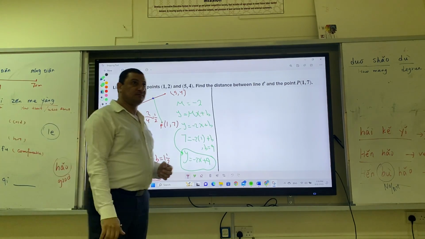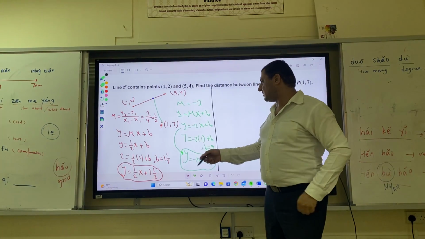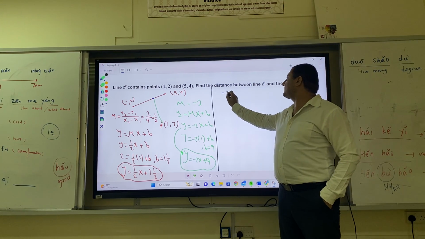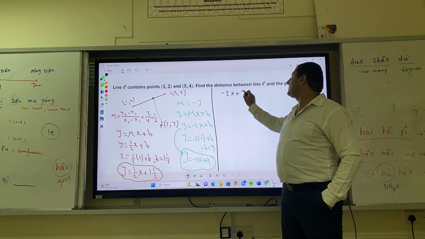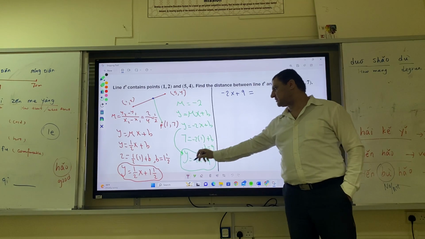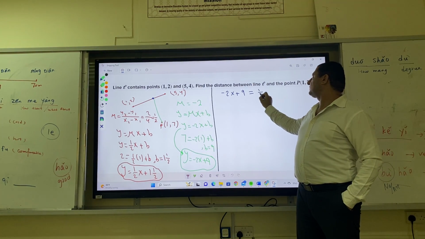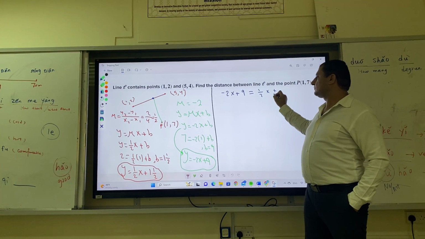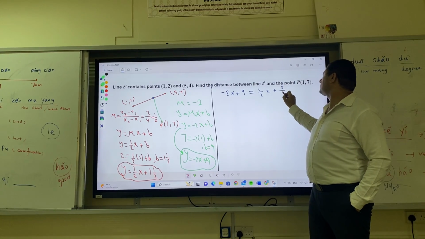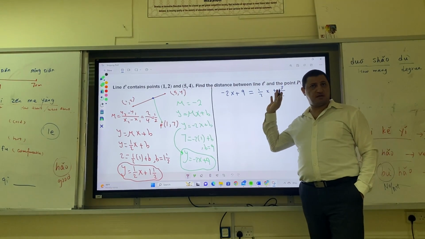I will use substitution, then negative 2x plus 9 is the same as half x plus 1 and 1 half. 1 and 1 half is the same as 3 halves.